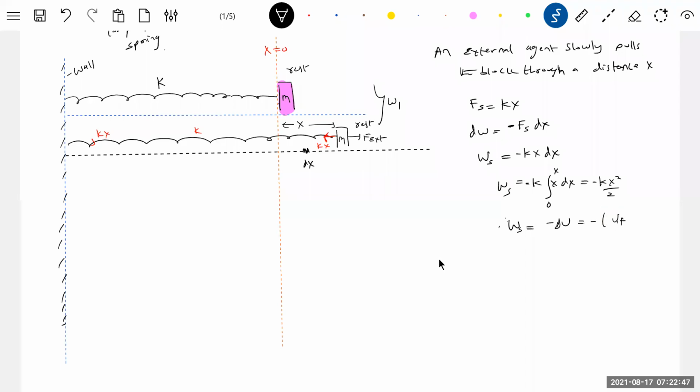Final energy minus initial energy. What is the initial energy? 0. The final energy is what we are calculating, and we call it UF. We will substitute here now. So minus kx square by 2 is equal to minus of UF minus 0. So what is the final energy stored in the spring?